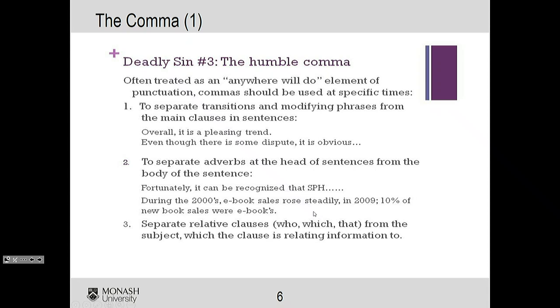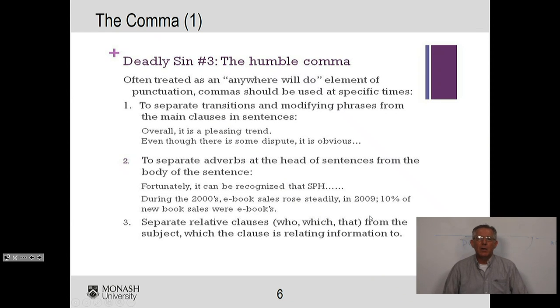Great. Relative clauses, those clauses which start with who, which, what, and then, yes? The argument, comma, which was presented by XYZ author, comma, and verb and the completion of the sentence. That's how we use commas another time.